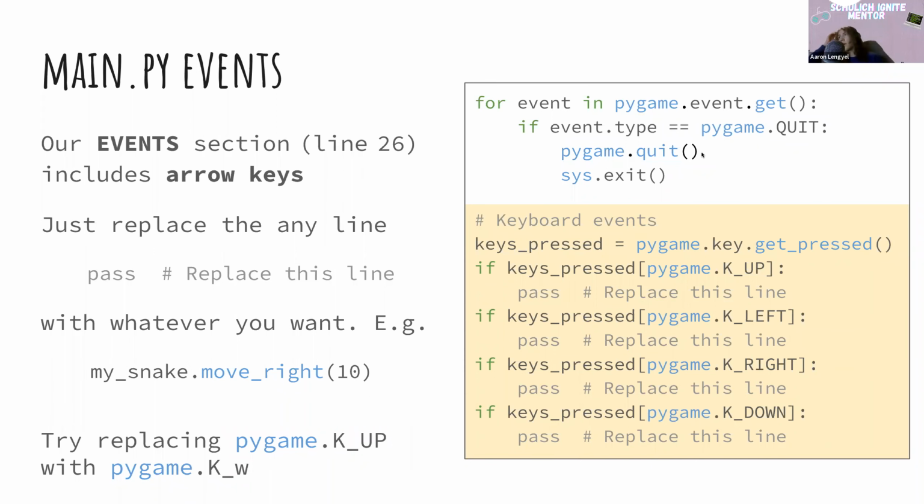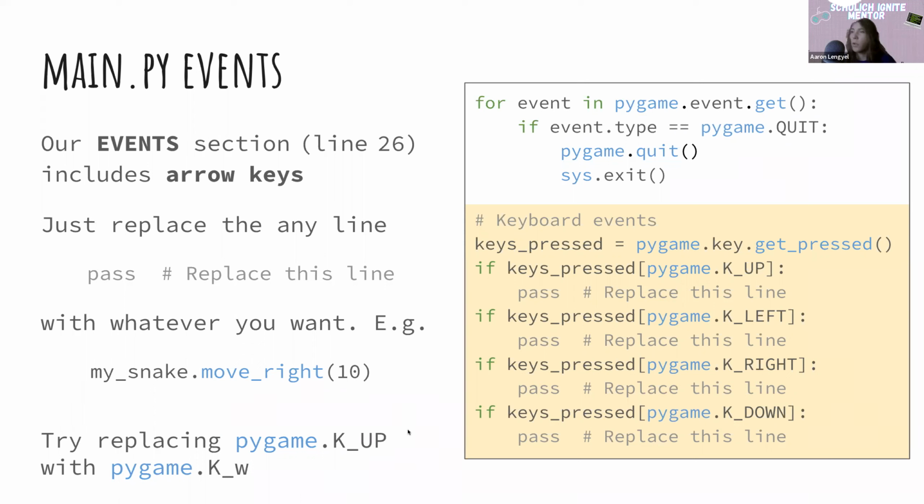Of course, there are also keyboard events we can look for. pygame.key.get_pressed tells us if a key was pressed. Then we can use syntax like pygame.K_UP, K_LEFT, K_RIGHT, K_DOWN to check if that key has been pressed. You'll notice I have this pass and a comment saying to replace this line. If we replaced it with whatever we wanted, such as moving my snake right 10 units, that would do something.